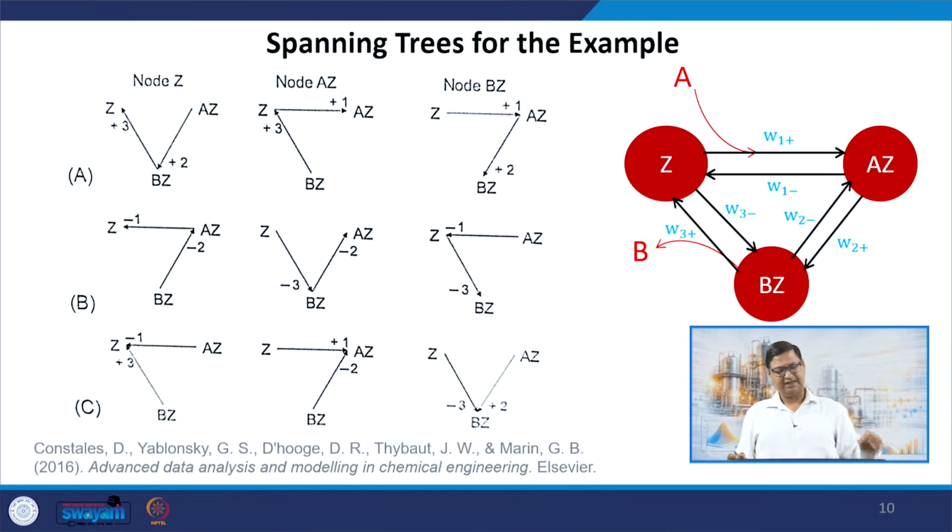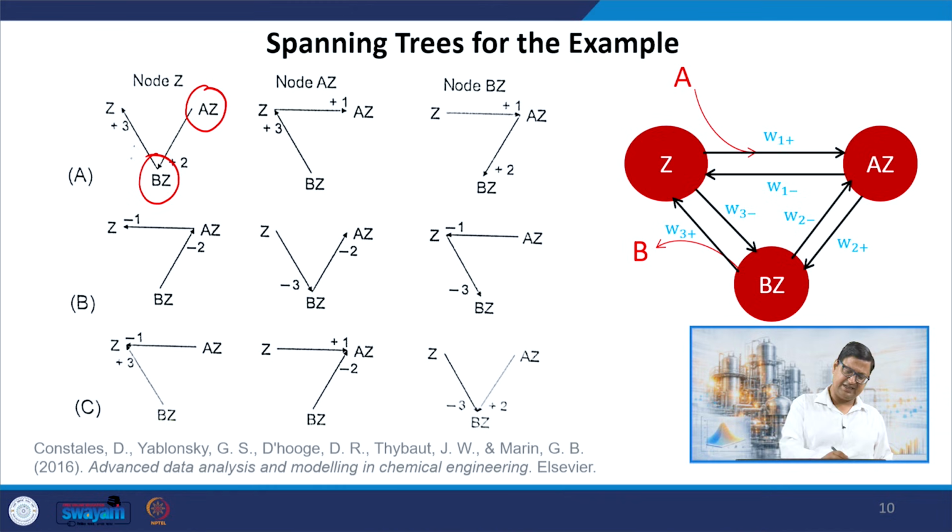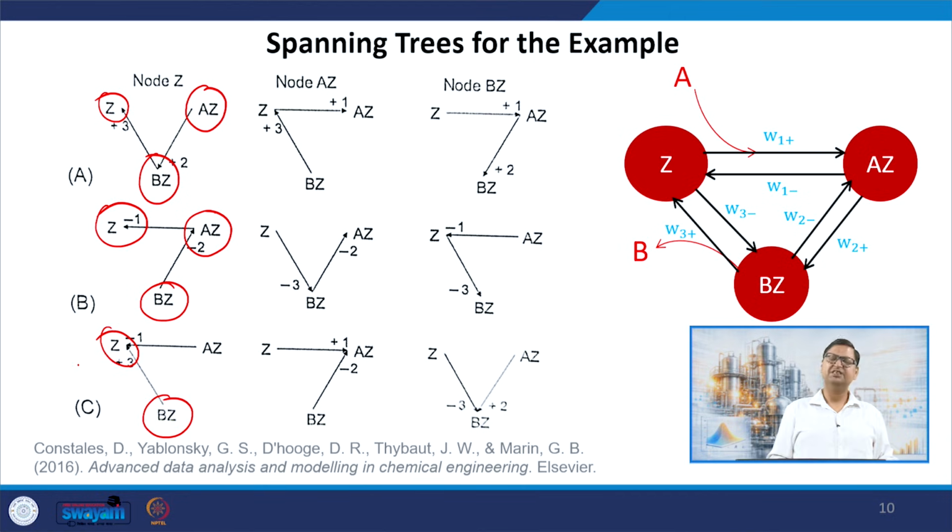So let's take an example here and ask ourselves, how do we get Z? There are many possibilities. We can get Z starting from AZ, I form BZ and then form Z. The other possibility is I start from BZ, then form AZ and then form Z. And a third possibility is I directly form Z from BZ.